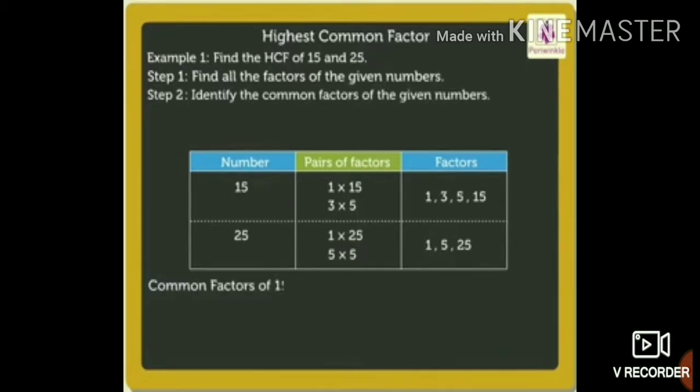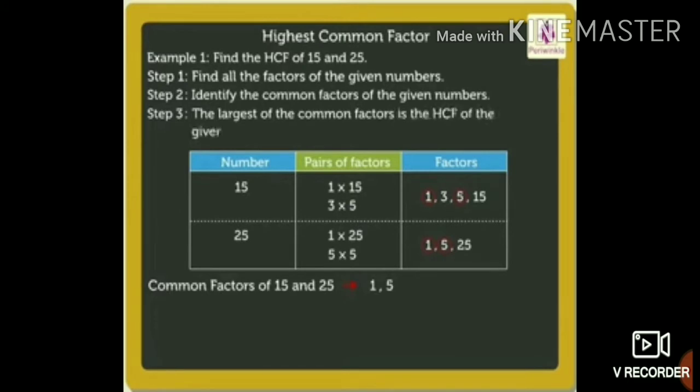Which are the common factors here? Identify them in the factors of 15 and 25. The common factors are 1 and 5. The largest of the common factors is the HCF of the given numbers. In the common factors 1 and 5, which is the highest?